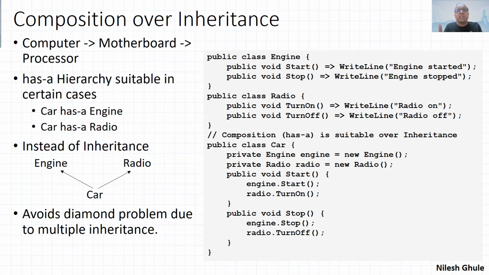The wheels in the car, though part of a car, are very easily replaceable. So you can take one wheel out and fit another in its place very easily. So here the has-a relationship is showing a weak ownership, that is aggregation.